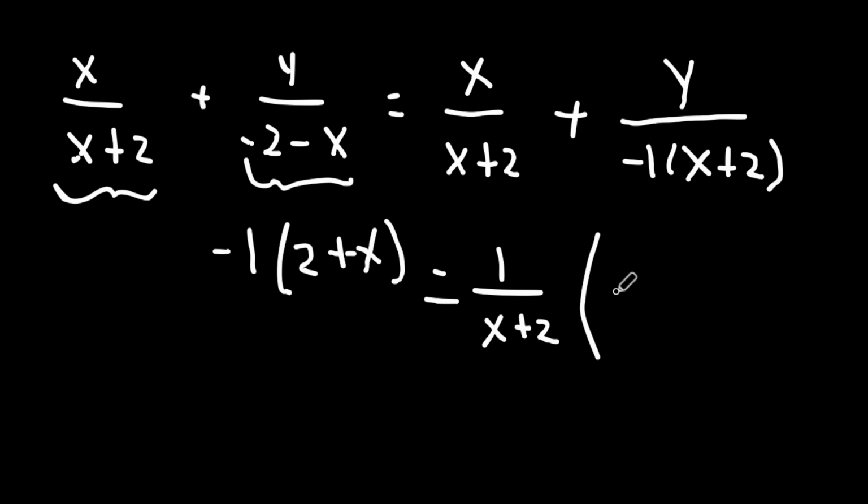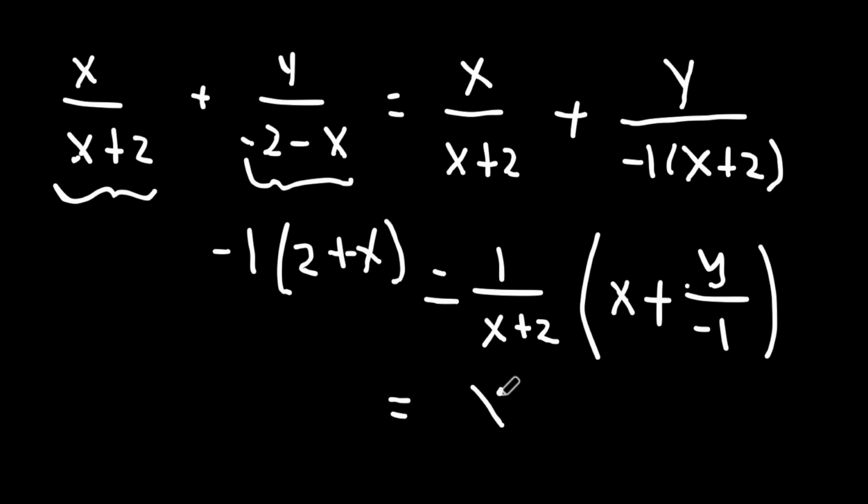And I have x minus y, because I actually have x times over minus 1. And this becomes y divided by negative 1 is negative y. So I basically have x minus y divided by x plus 2.